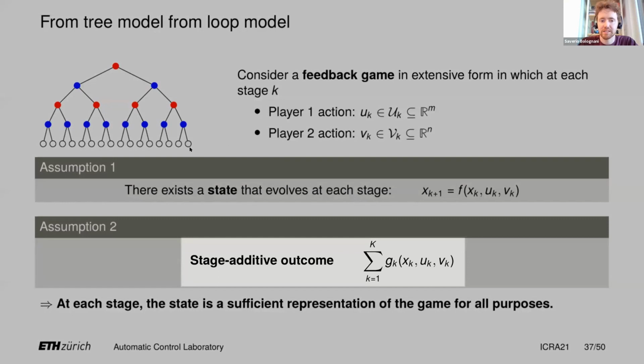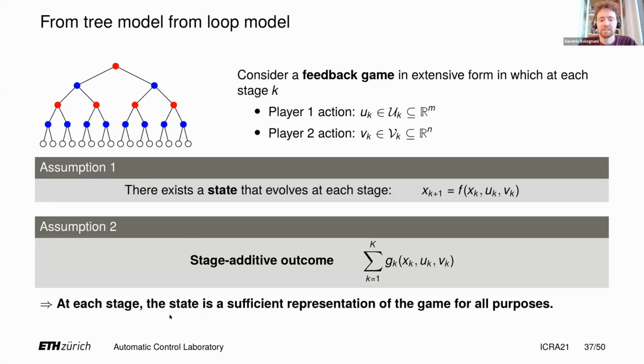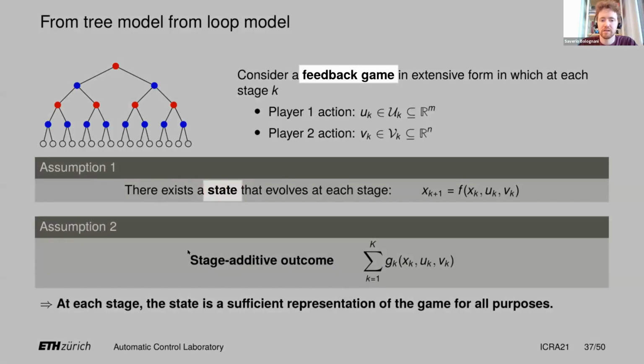So the outcome at the end of the leaves is going to be a sum of functions evaluated over the states, along the stages of the game. Then at each stage, the state is a sufficient representation of the game for all purposes, right? So you can do the backward induction on the state instead of keeping track of all the past decisions. Just as a recap, we need it to be a feedback game, there needs to be a state and stage additive outcome.